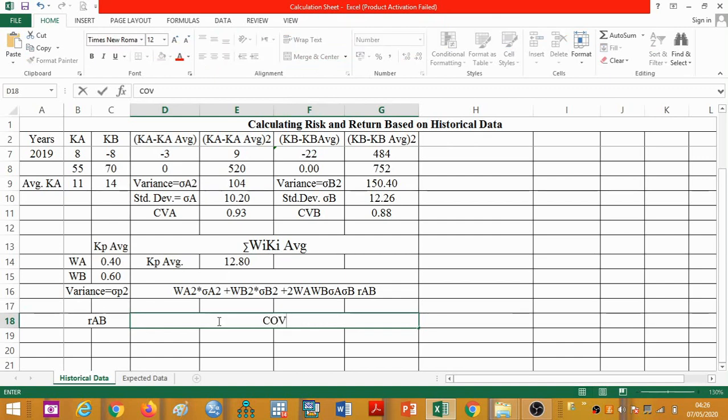So remember, it's not coefficient of variation, it's covariance of A and B, covariance of A and B divided by the standard deviation of A, I mean sigma A, and sigma B, standard deviation of B. Now this is how we can calculate the correlation between security A and security B. Now the problem is that in this formula we know sigma A, sigma B, but what we don't know is the covariance of A and B. So now we have to calculate covariance of A and B.